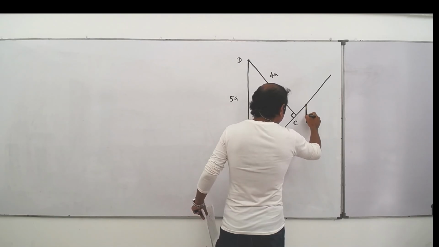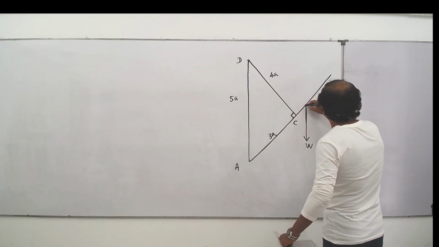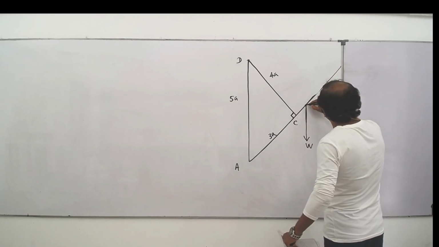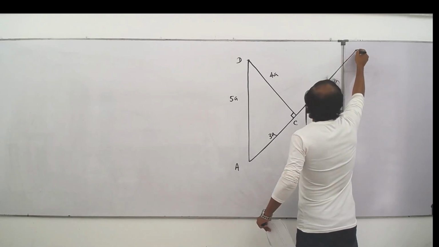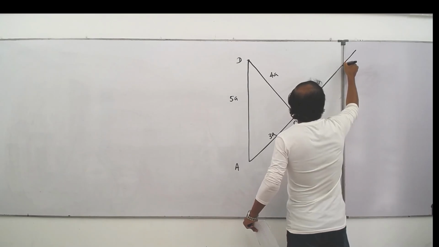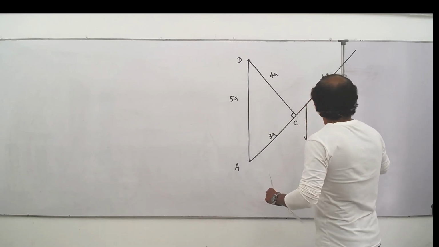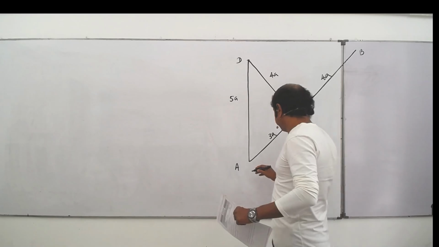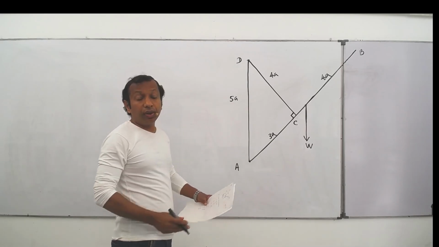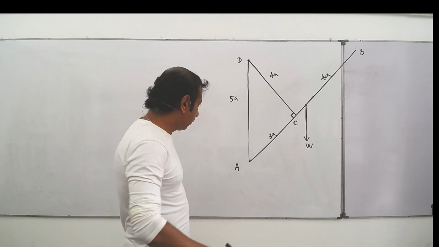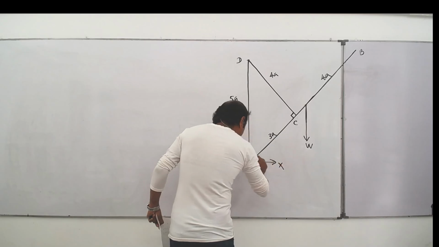Then the uniform rod's center of gravity lies at the midpoint. This is 4A. The whole rod is given as 8A of length. This is hinged here. At the hinge, the single reaction we can write as two components, horizontally X and vertically Y like this.